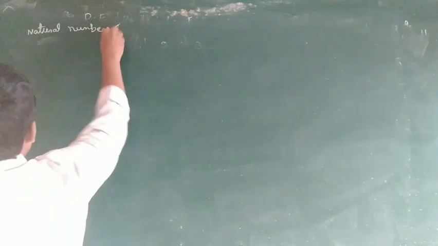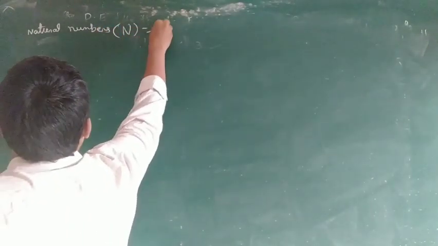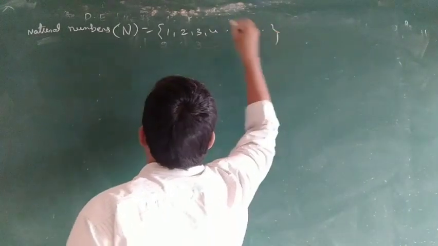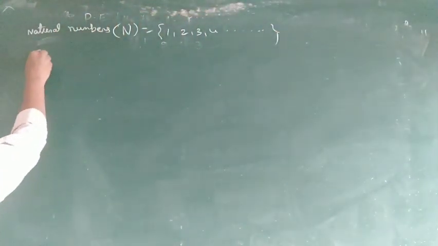Next, natural numbers. Natural numbers are denoted by capital N. That is 1, 2, 3, 4 and so on. Next, integers.